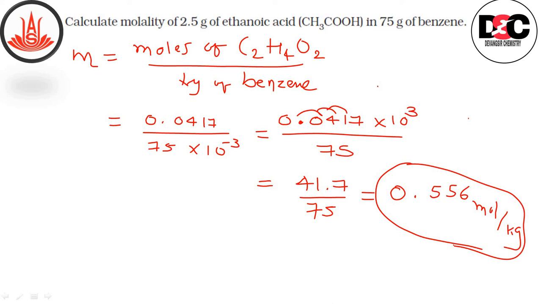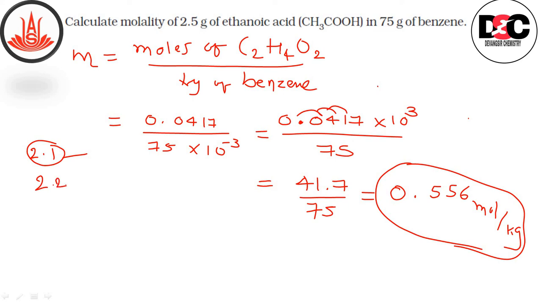Now there are a few in-text questions which are based on this. The first one, 2.1, we have to find out the mass percentage. Okay, so we have done it already.